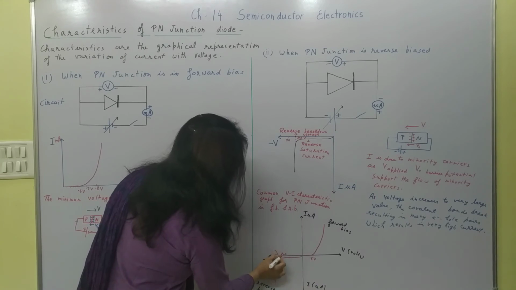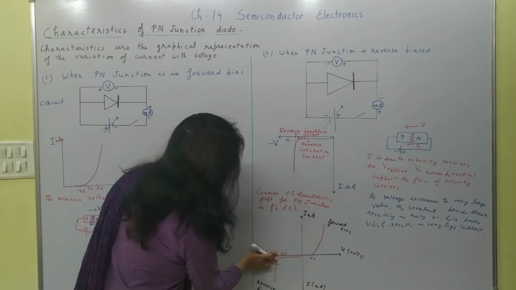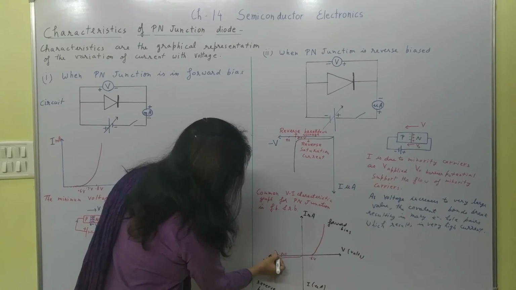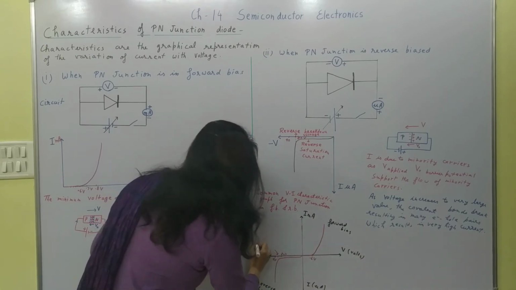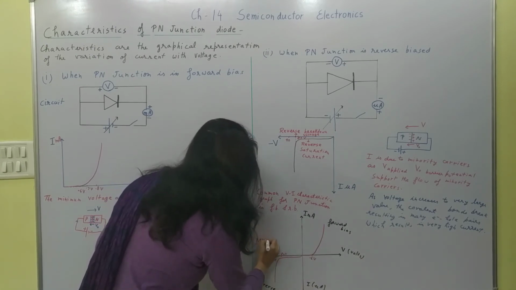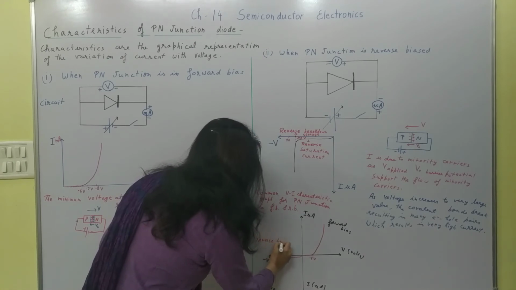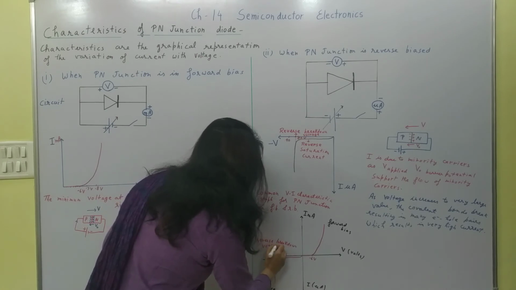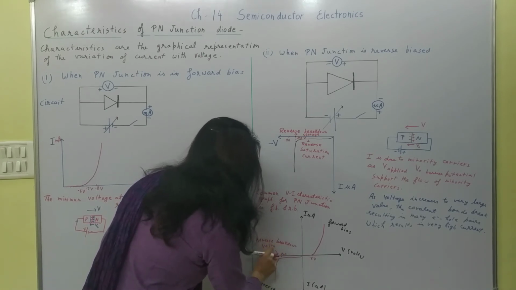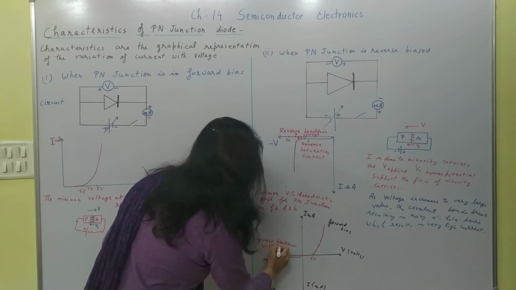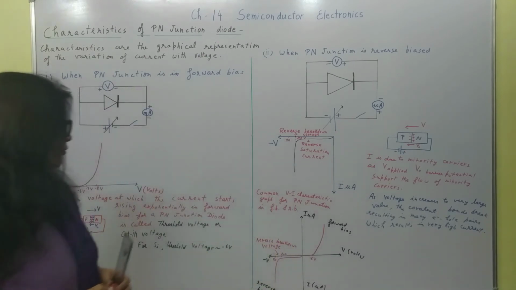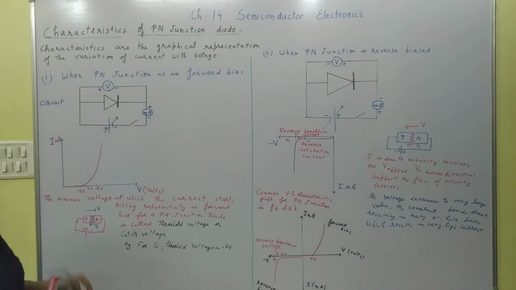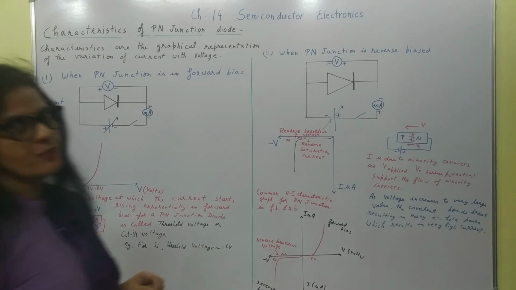So this point is the reverse breakdown voltage. So I hope you understood this. This was all about the characteristics of the PN junction diode.